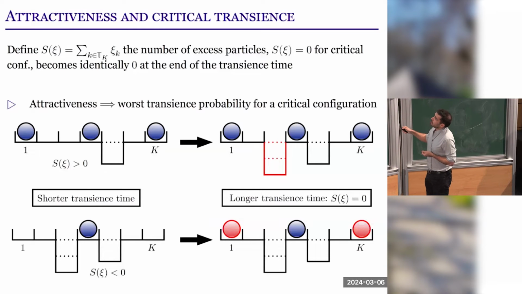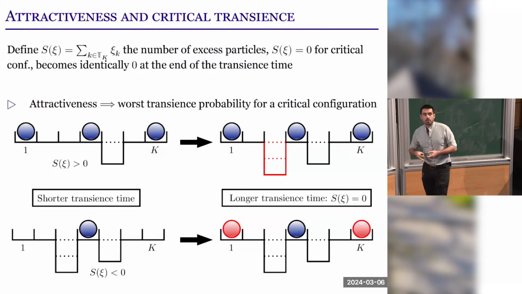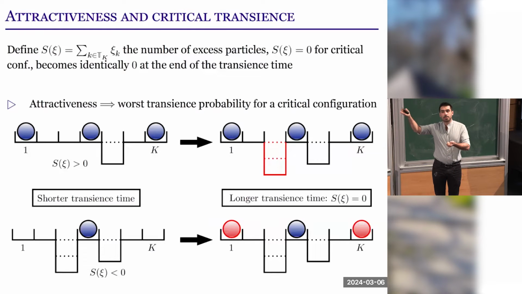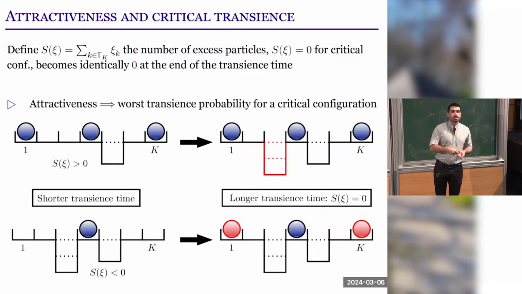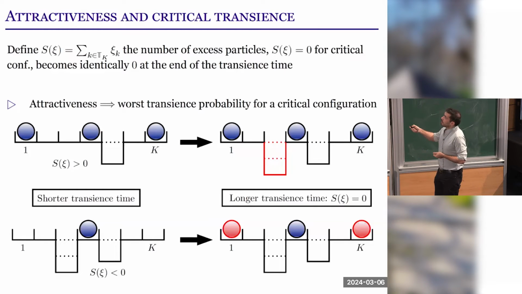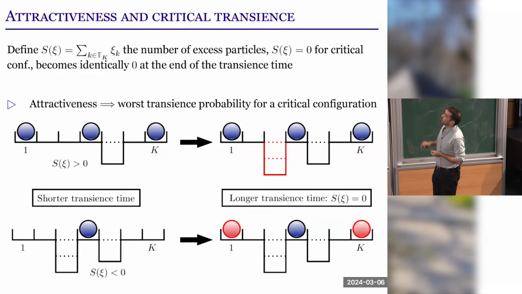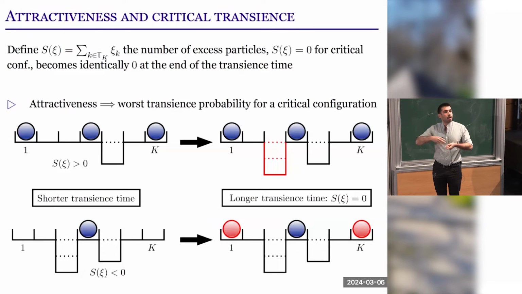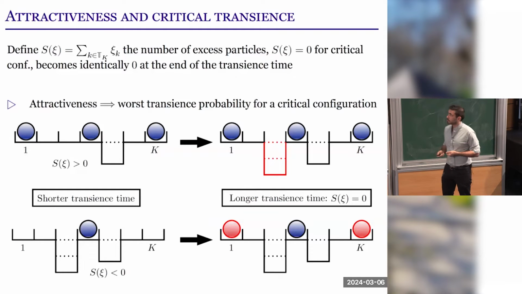So let me call S(psi) the number of excess particles. If S(psi) is positive, this means that in the system there are more particles than trap depth. If S(psi) is negative, then it means that there are more traps than particles. S(psi) equal to 0, we'll call that a critical configuration, which has exactly as many particles as trap depth. So when a critical configuration is no longer transient, it's just 0.